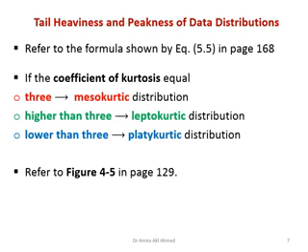In other words, it is more peaked with longer tails relative to the normal distribution. In contrast, if a data distribution has a kurtosis figure that is less than 3, the distribution is said to be platykurtic. In other words, it is flatter with thinner tails compared to the normal distribution.